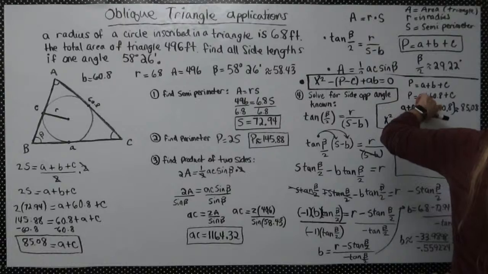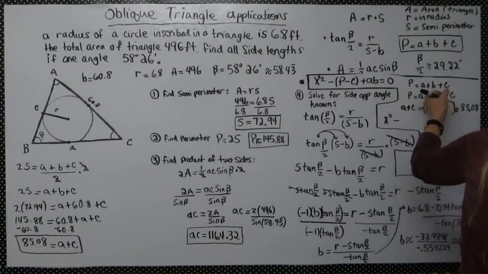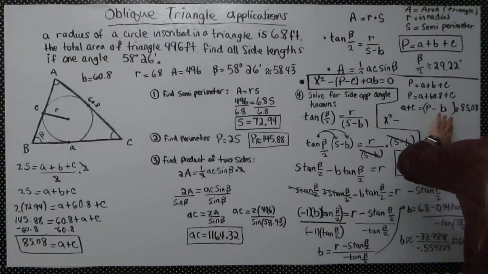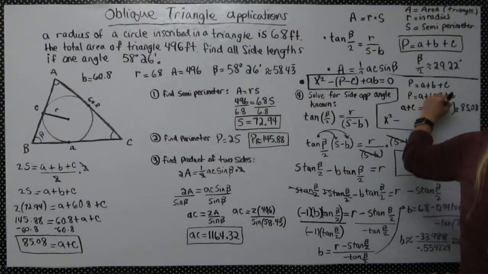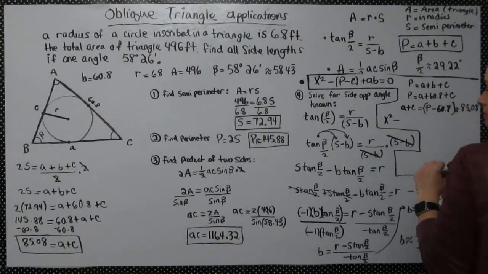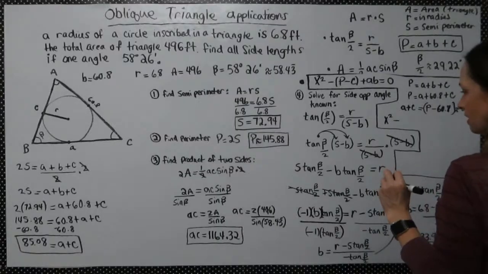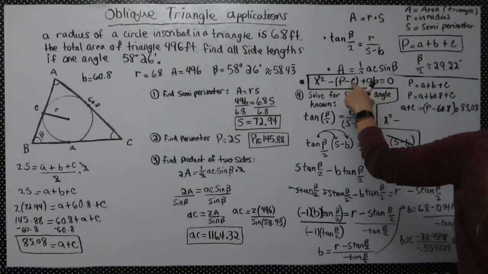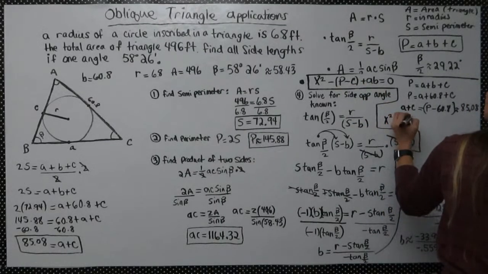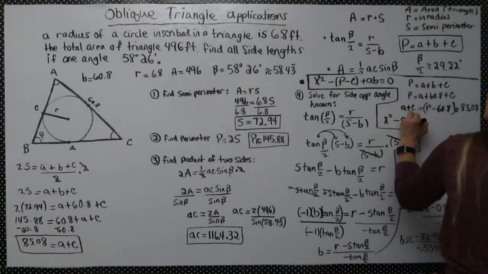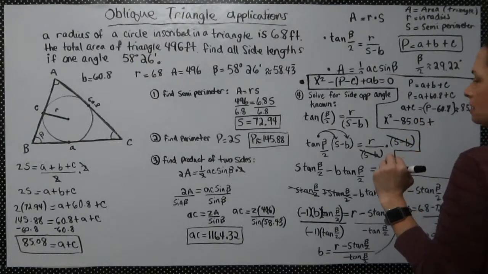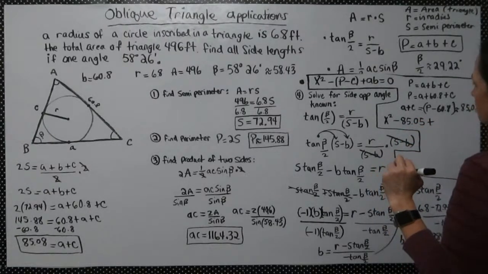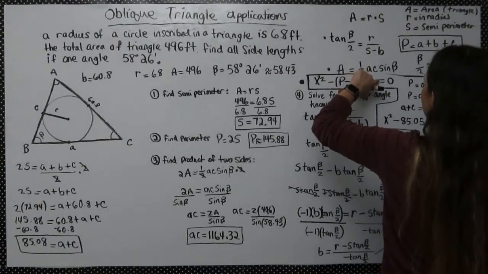or P minus B, hang on, that's P minus B. We don't even need to know it's 60.8. We just need to know it's, yeah, we do, 60.8. Okay, so where's that at? It's 85.05, so x minus 85.05 plus A times B. Not that one, that's AC.